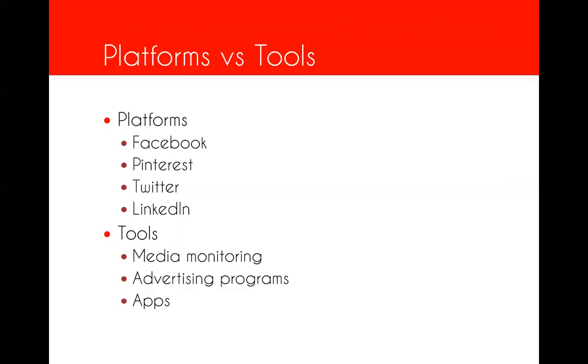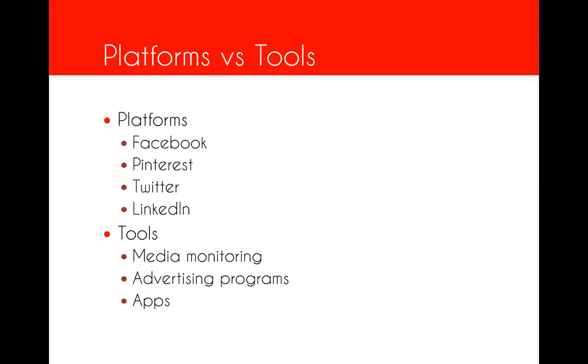Okay, so platforms versus tools. Your platforms are the actual product on which everything exists. So the Facebook platform, the Pinterest platform, the Twitter and the LinkedIn. And the tools, so when people are talking about the different things, the tools are what are used within it or to connect with it. So your media monitoring in Facebook is a tool.